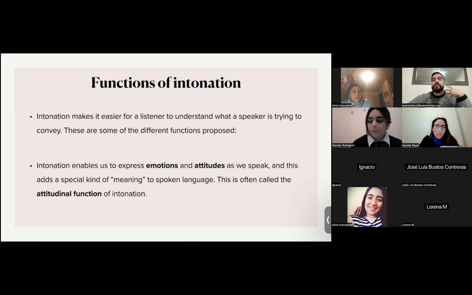So when you want to provide emotion or attitude to the things that you want to say, that's something that we call the attitudinal function of intonation. Okay, that's the name. That name is just technical for you, that's not necessary to memorize, but that's something you need to understand, that that's one of the functions of intonation.